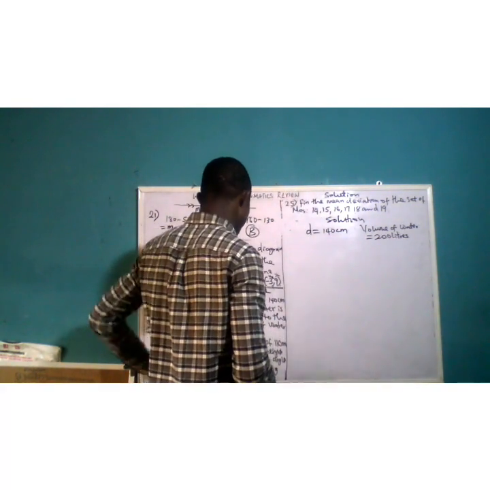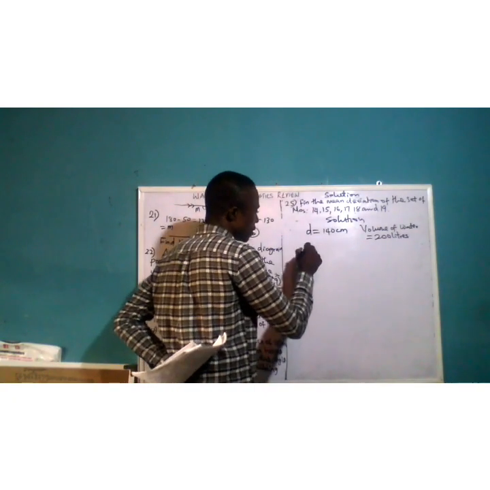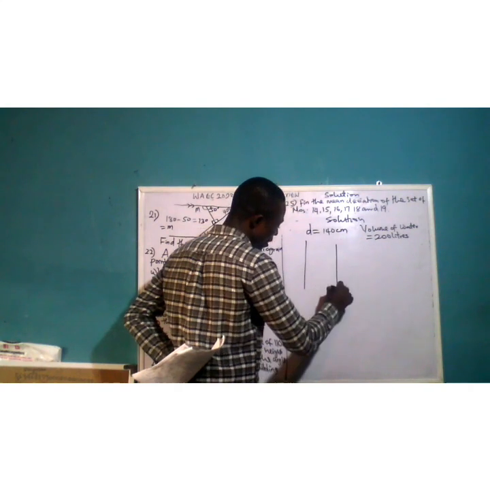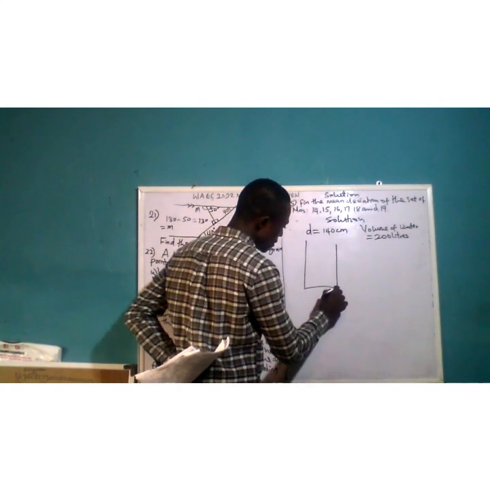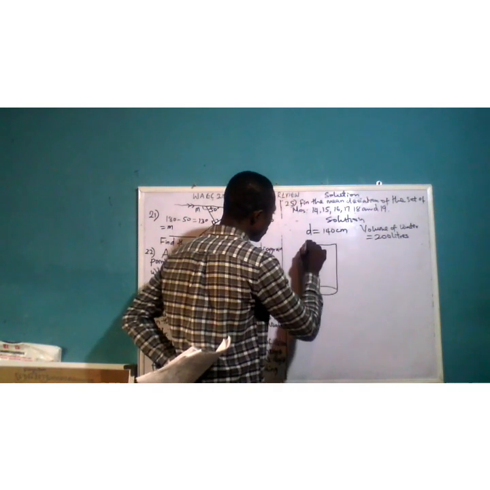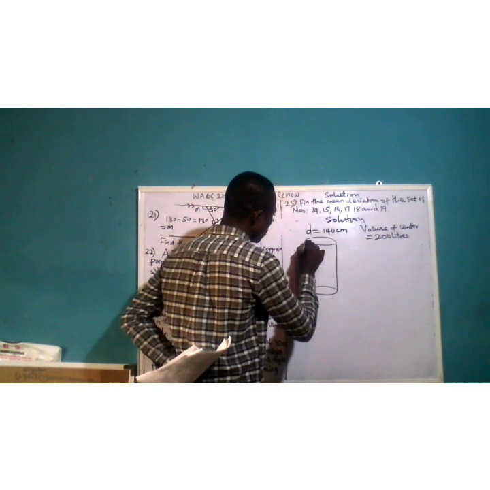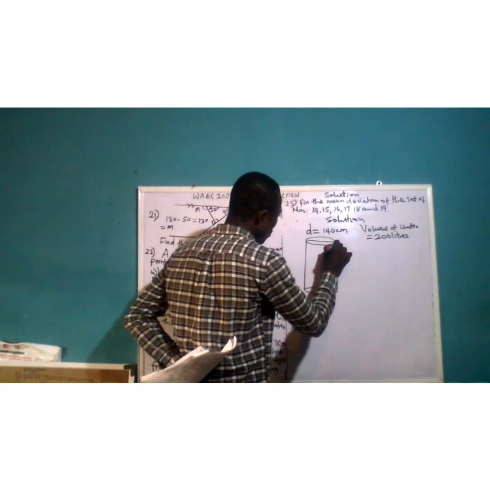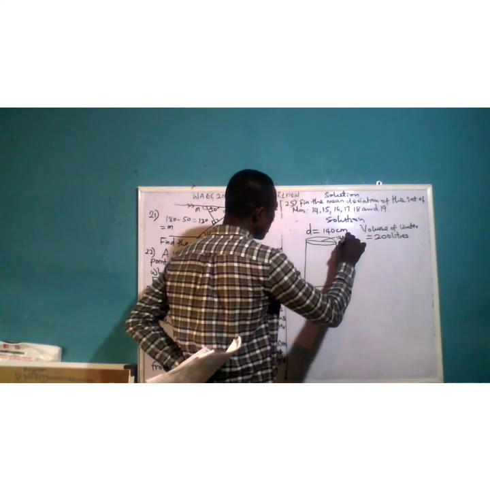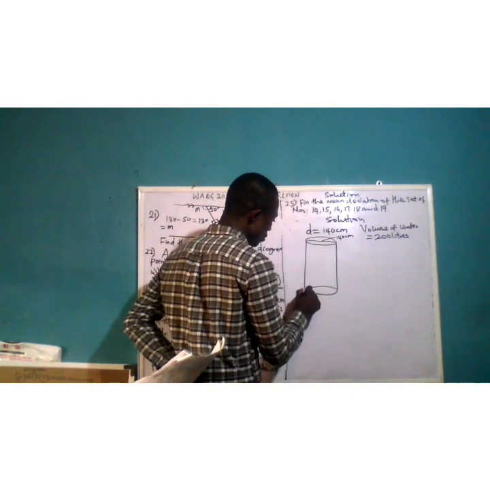Now let's demonstrate this by using a diagram. So we have a cylindrical tank that looks like this. The diameter is this, which is given to be 140 centimeter.